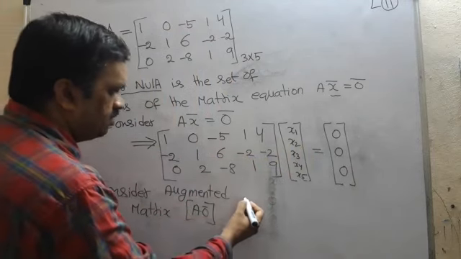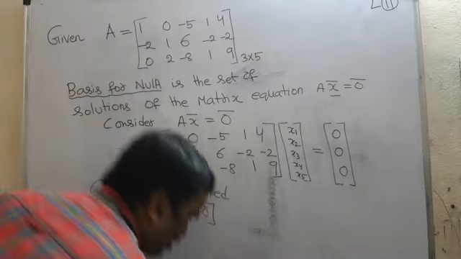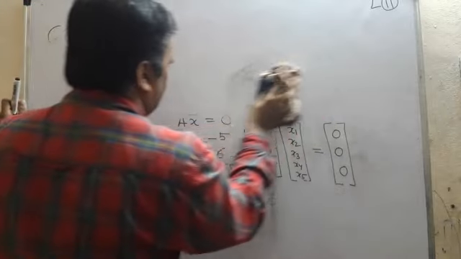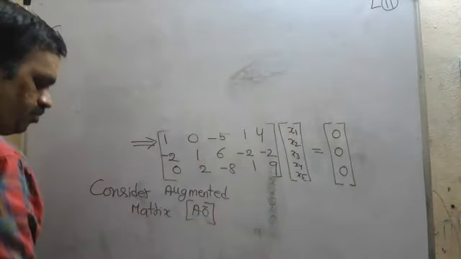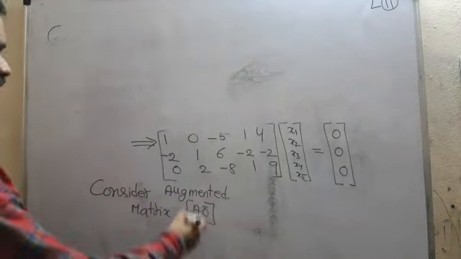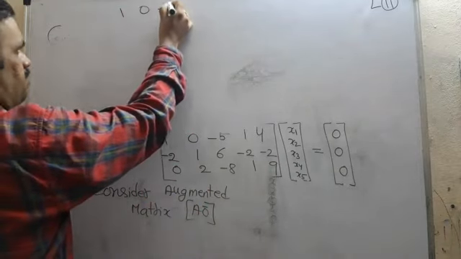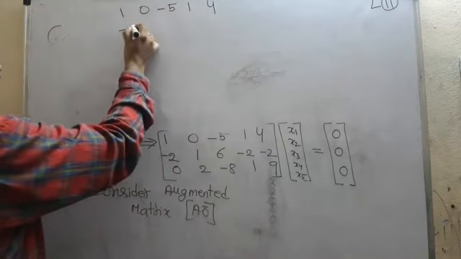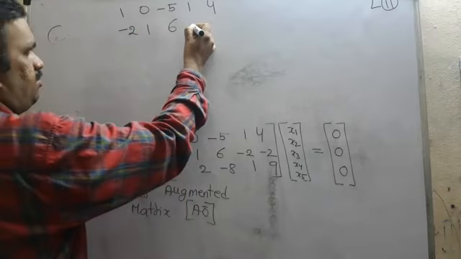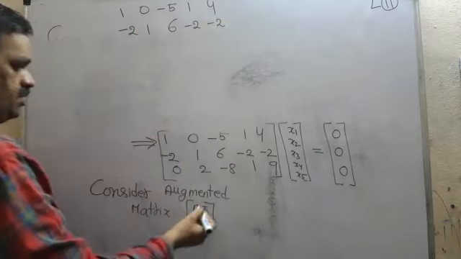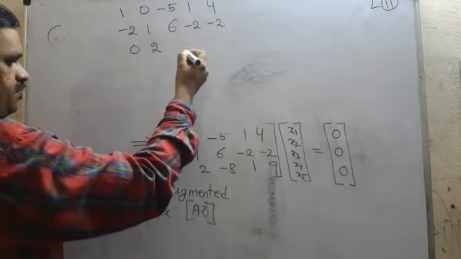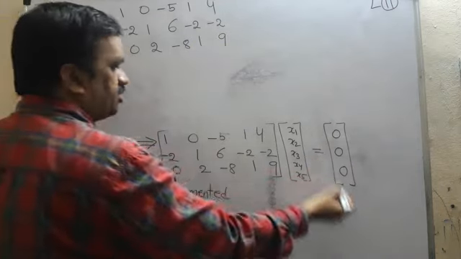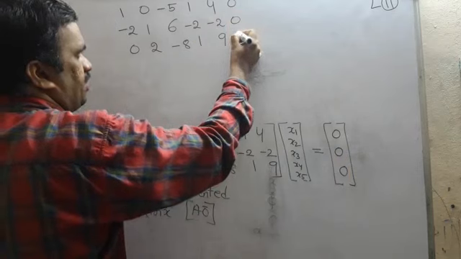The augmented matrix is: first row 1, 0, minus 5, 1, 4; second row minus 2, 1, 6, minus 2, minus 2; third row 0, 2, minus 8, 1, 9; and the 0 matrix column 0, 0, 0.